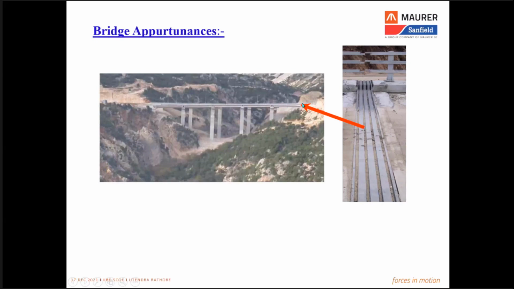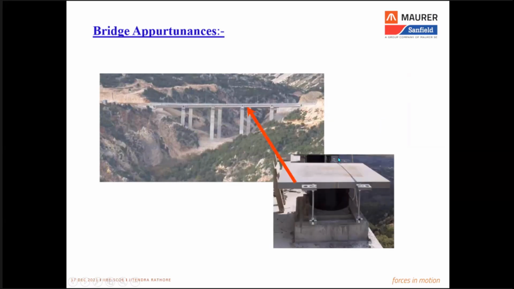Let's say this is a typical bridge, and we have 4 spans in this structure, and these are the piers, intermediate piers, and we have 2 abutments. So the expansion joint is installed at the deck level. It may be at the junction of the deck and the road surface at the abutment, or depending on the design of the structure, it could also be on certain intermediate pier locations.